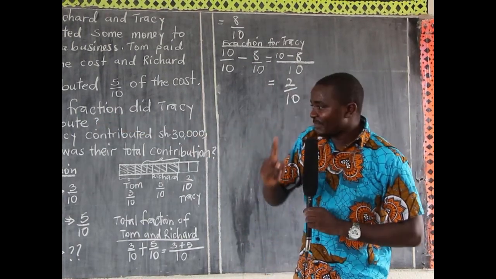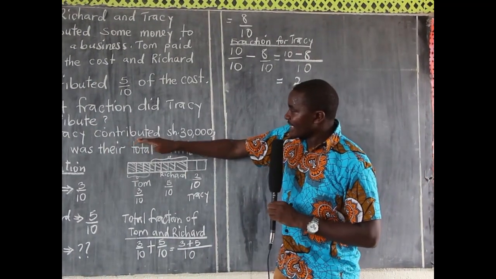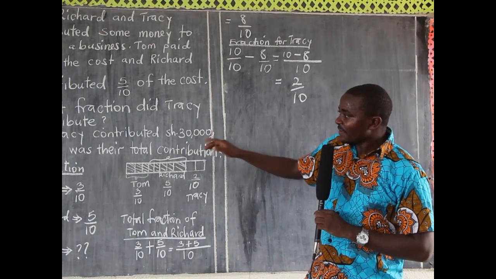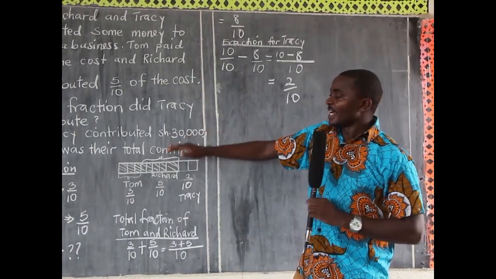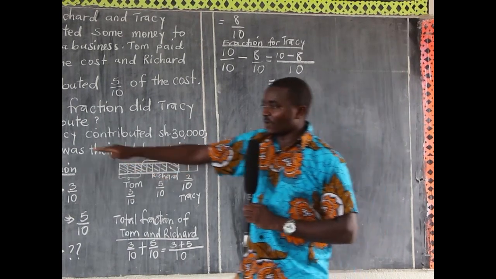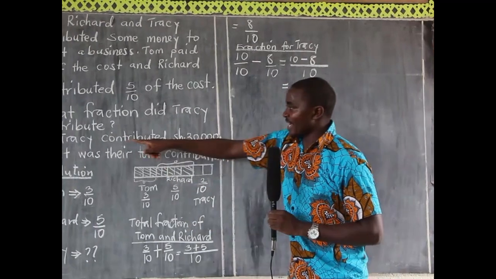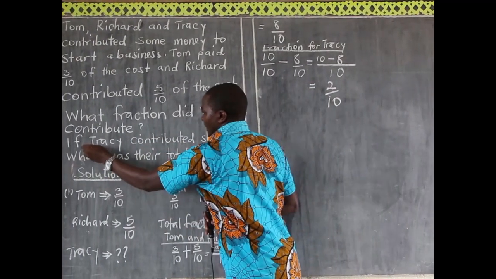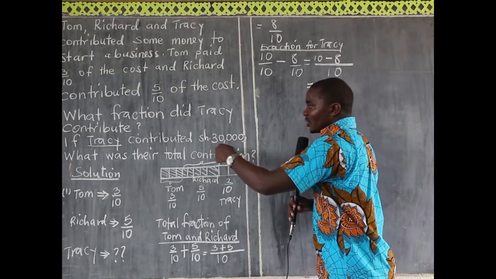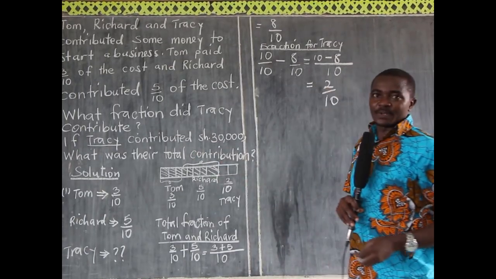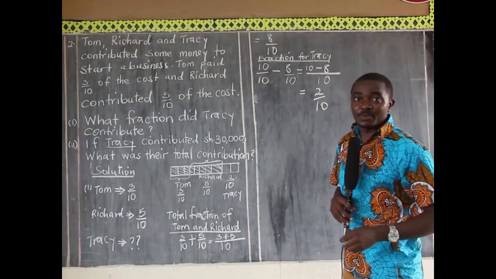Now let us attempt part 2. If Tracy contributed 30,000 shillings, the amount of money we have is that amount of money contributed by Tracy. And therefore, we are using Tracy to look for the total contribution. So what are the parts representing Tracy's contribution?